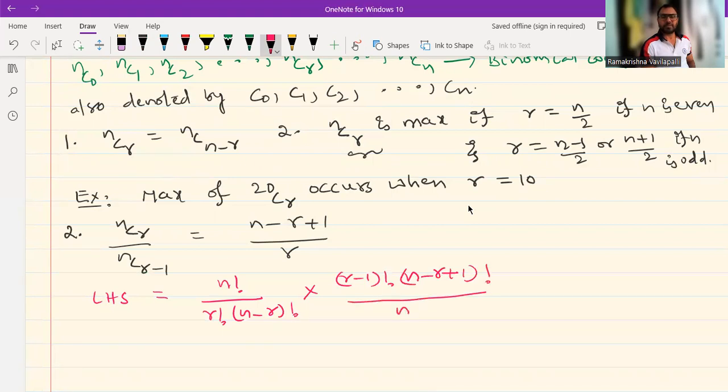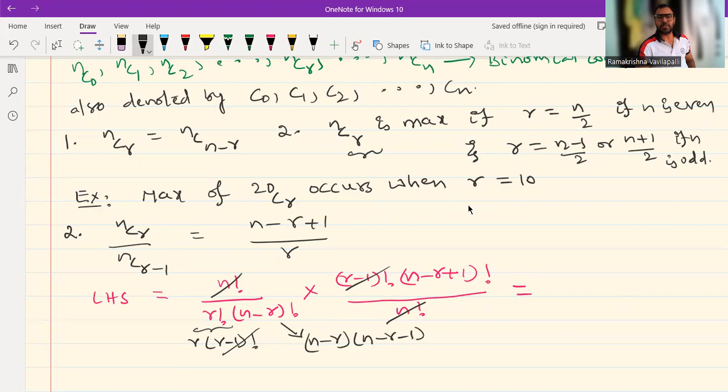So n! is cancelled. This r can be written as r into (r-1)!, so (r-1)! is cancelled. Now this (n-r)! can be written as (n-r) into (n-r-1)!, so this term is cancelled.